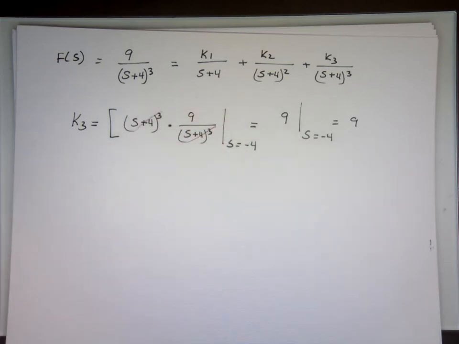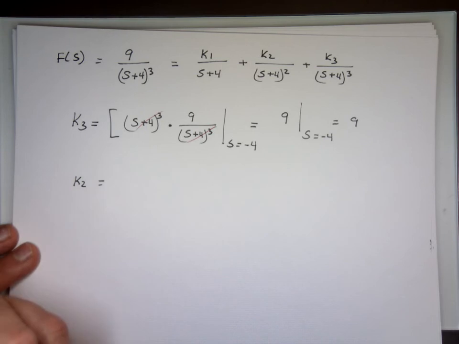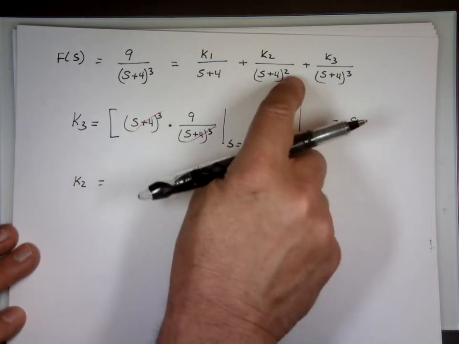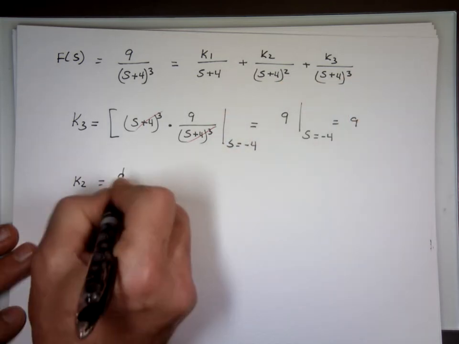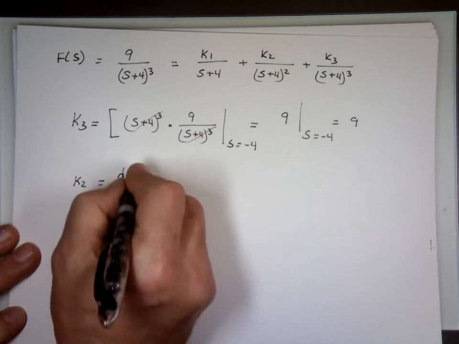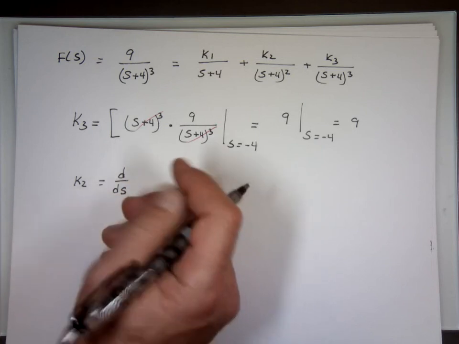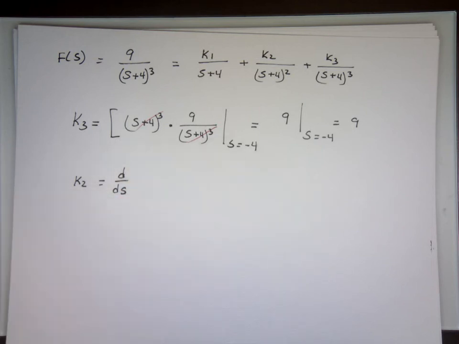K2 now is, notice this is short 1. It's the derivative. The derivative, it's going to be zeros here. Let's change it a little bit there. We'll go 9, change a little bit the problem.